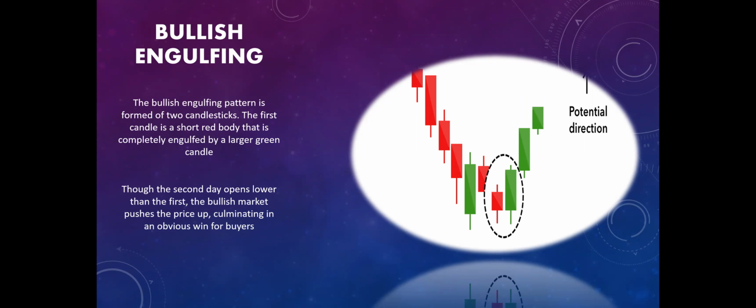How do you know this isn't a healthy pullback for continuation to the downside? Well, this is what I'm saying. Some candles you need to use in a bullish market, some candles you need to watch in a bearish market. Let's say we're in a bearish market. You don't want to play this kind of candles.